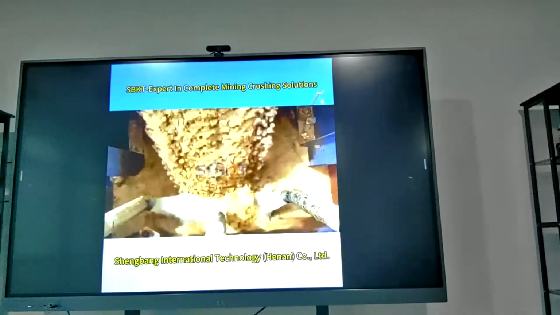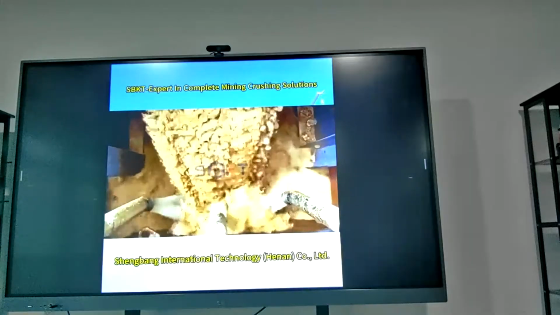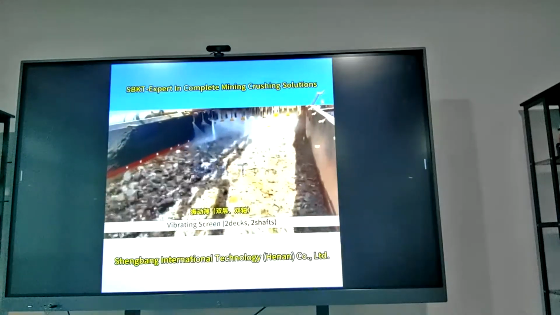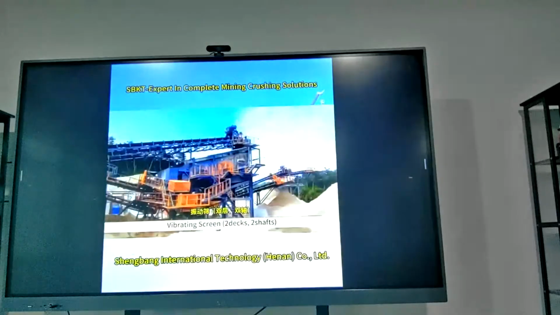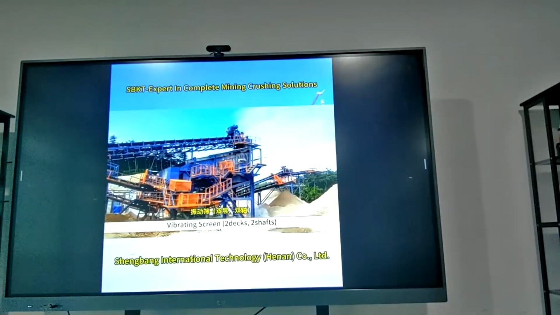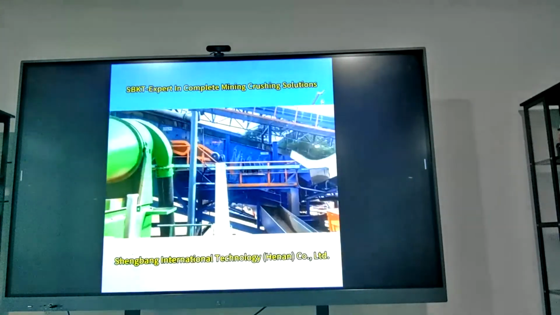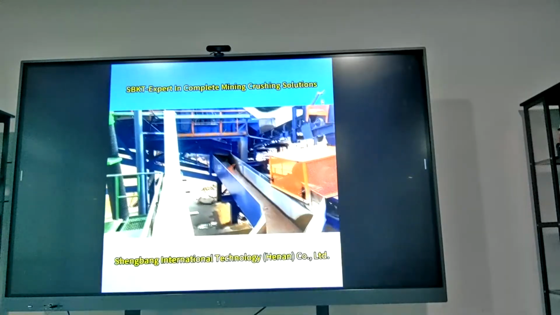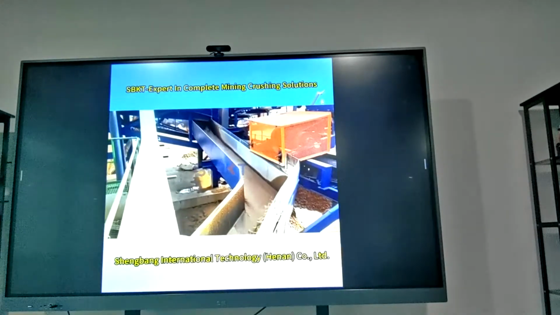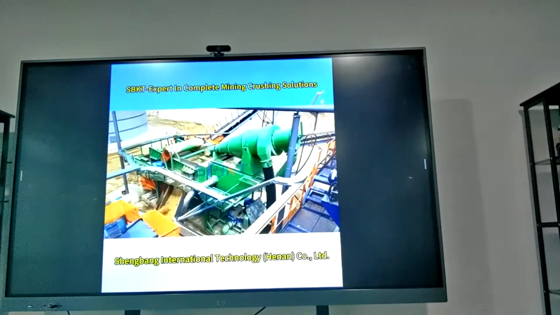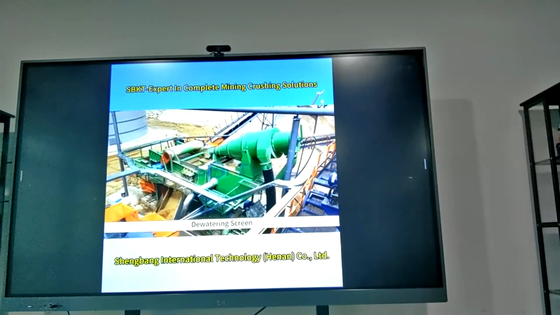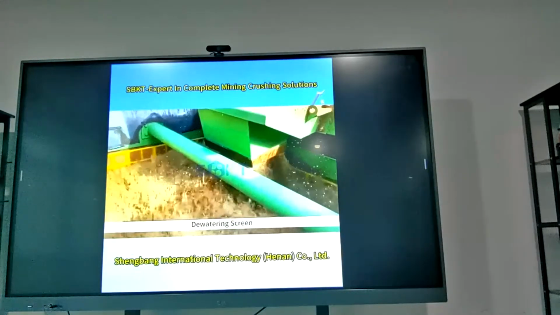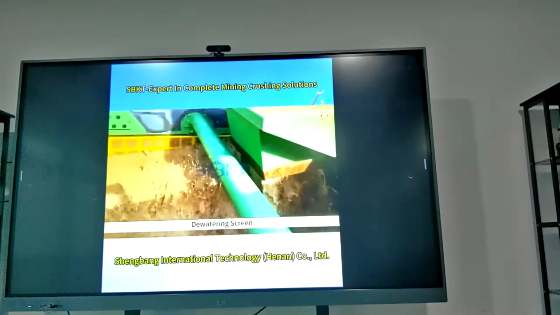At the same time, the locking spring safety device equipped with the equipment can effectively ensure the uniformity and stability of the discharge particle size. This adjustment system not only improves the convenience and efficiency of operation, but also enhances the safety of equipment operation.